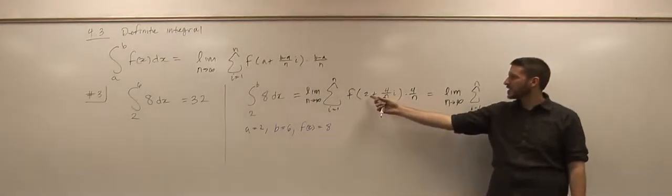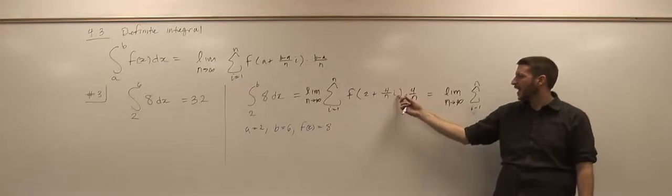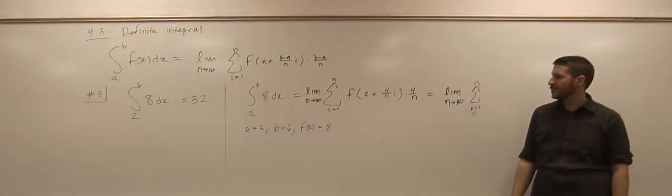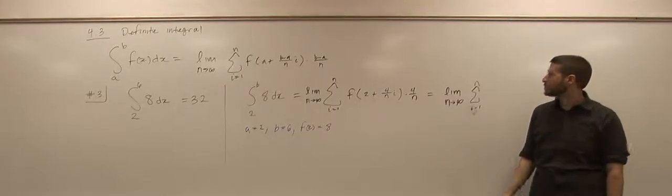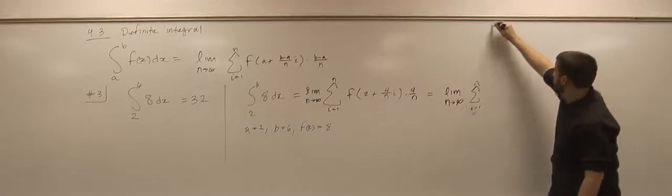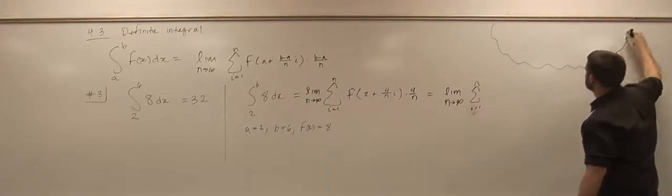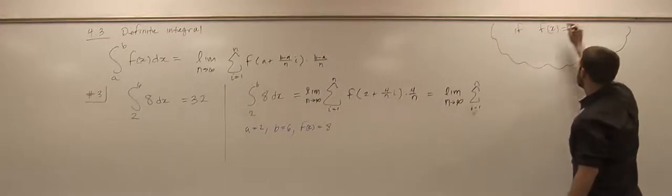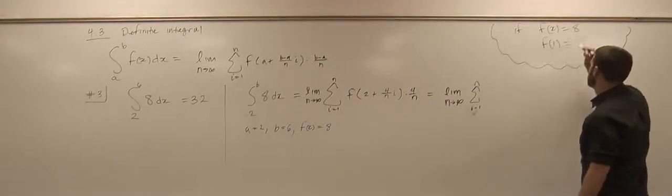What happens when you plug 2 plus 4 over n times i into this function? If f of x equals 8, then what's f of 1? 8.